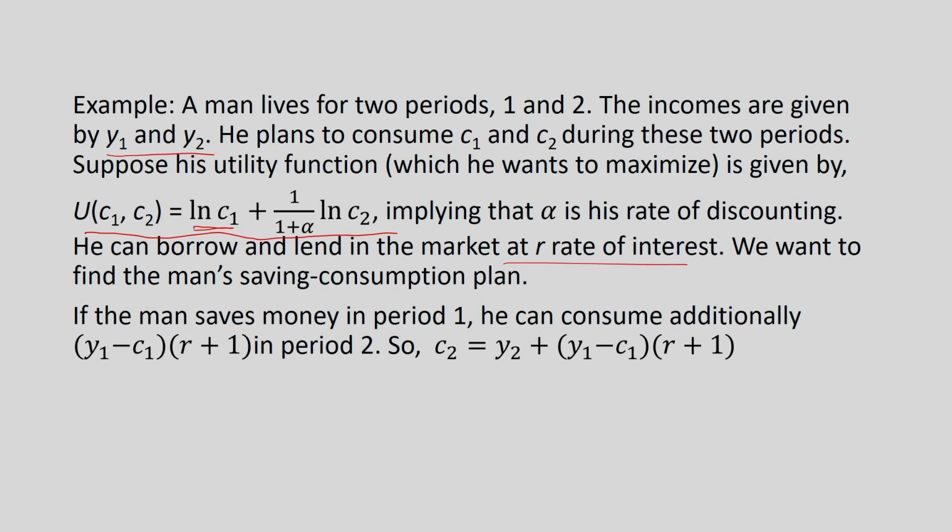And additionally, can we say in which conditions he will borrow money or in which conditions he will lend money? Remember, borrowing will mean that in the first period his optimal consumption C1 is greater than Y1. He can afford a C1 greater than Y1 only if he borrows. On the other hand, he will be lending money if his consumption in the first period is less than the income in the first period.